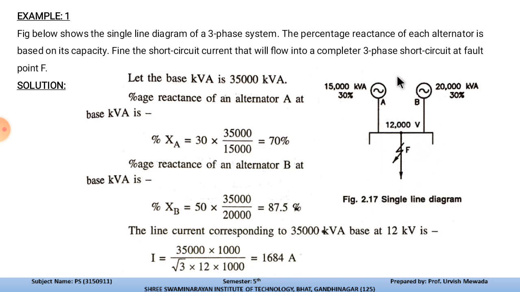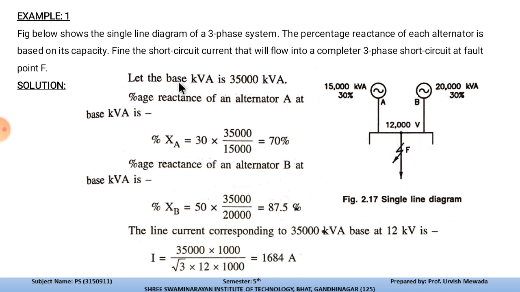Let us first discuss the diagram. Over here we have generator A of 15,000 kVA and generator B of 20,000 kVA, and this is the link having line voltage of 12,000 volts, and at this point we are considering the fault.